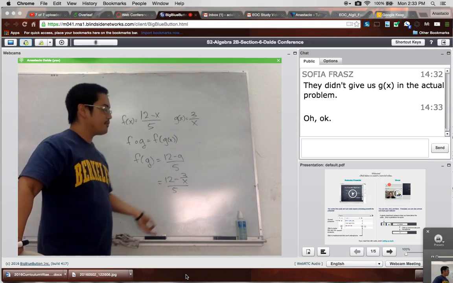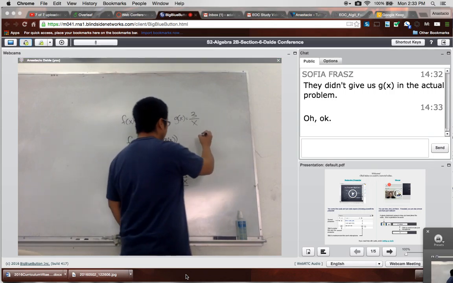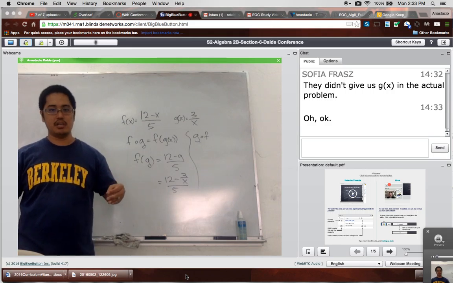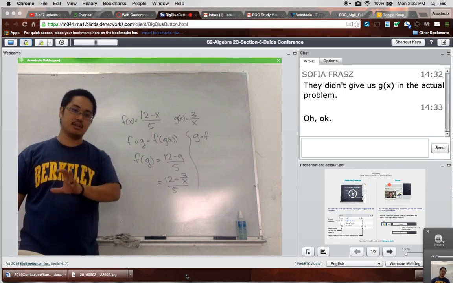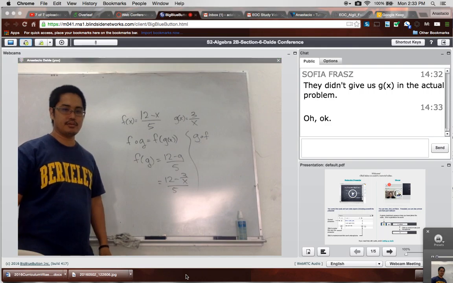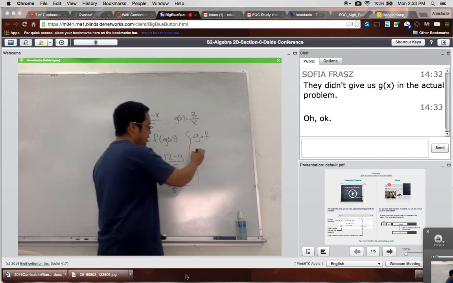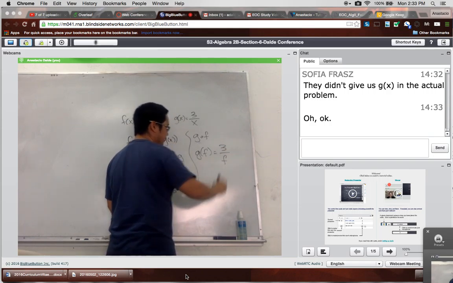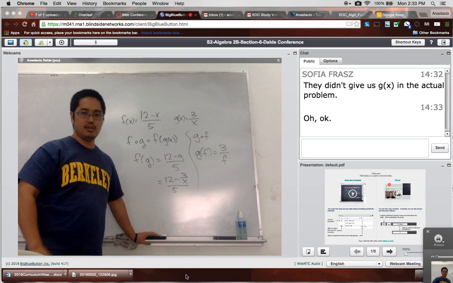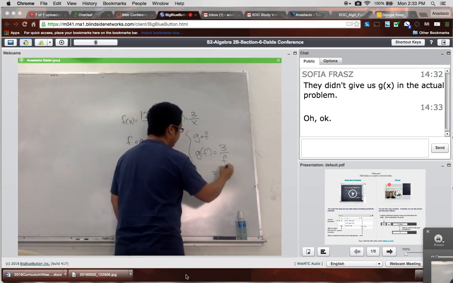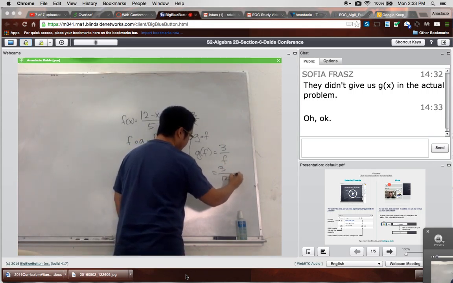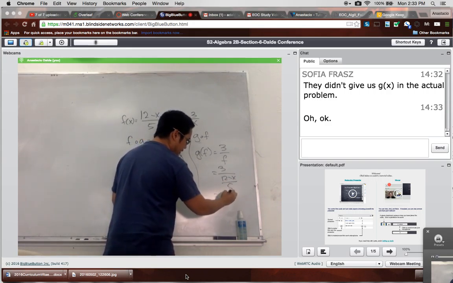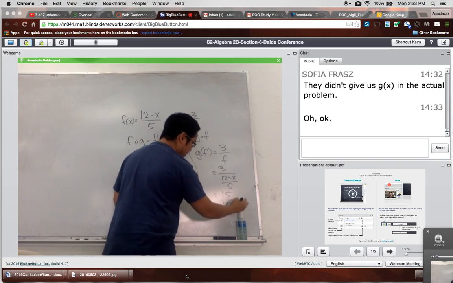All right. Keep in mind that f of g is usually going to be different from g of f. Because if I want to find g of f, that would be 3 over f, which is actually 3 divided by 12 minus x over 5, which is equal to 15 over 12 minus x.